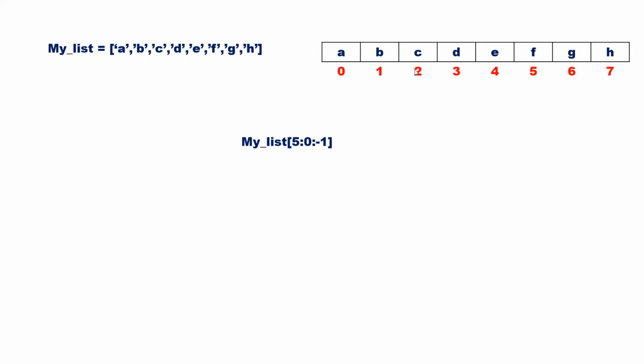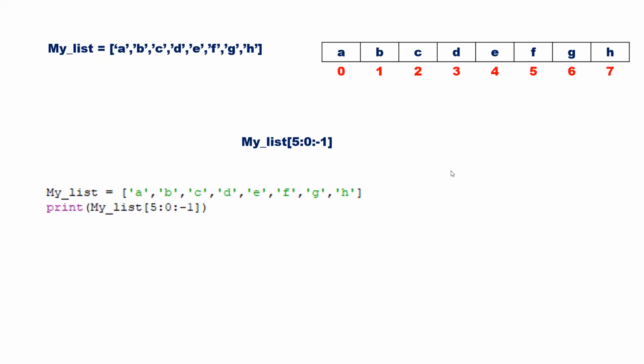Next it will be 3 minus 1, 2. The value at 2 will be retrieved. Next it will be 2 minus 1, 1. So this B will be retrieved. Next it will be 1 minus 1, 0. So the end value mentioned here is 0. The end value is not included, so A will not be returned. So print mylist 5 colon 0 colon -1 will give the values F, E, D, C and B.